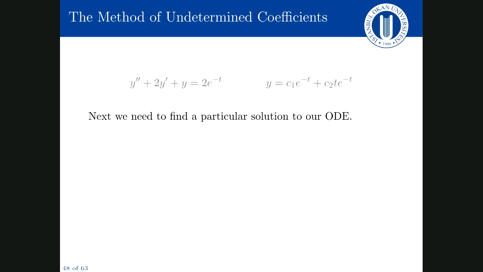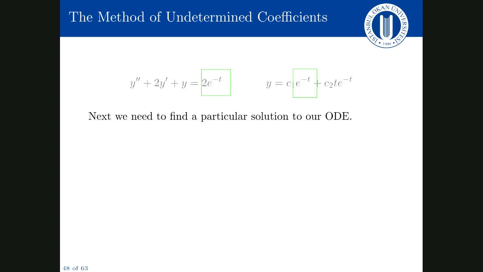Next, we need to find a particular solution to our differential equation. We look at our function g of t, we look at 2e to the minus t. Now, we can't guess a constant multiplied by e to the minus t because we have e to the minus t in our general solution of the homogeneous equation.